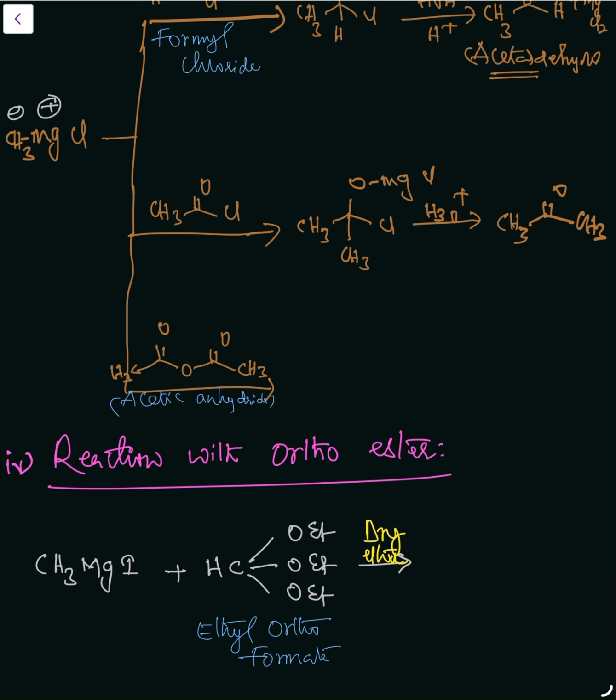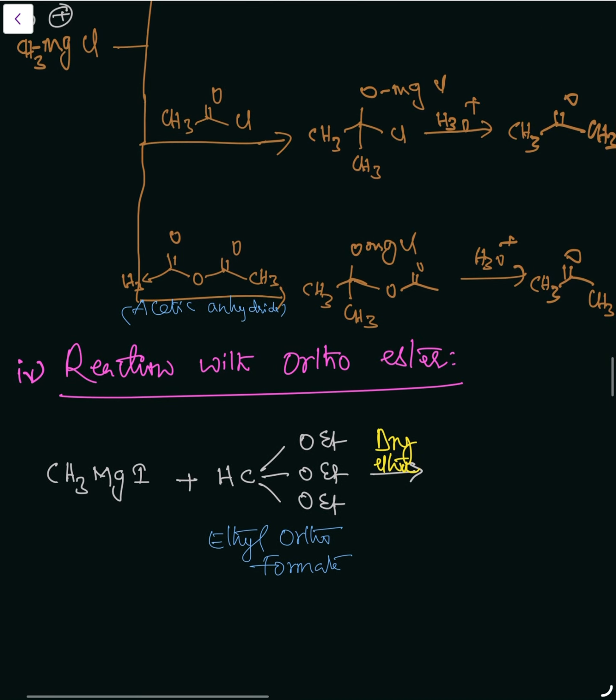When acetic anhydride reacts with Grignard reagent, the product formed is CH3 C OMgCl, and this is CH3 OCO CH3. On acid hydrolysis, acetone is formed. This is a ketone.